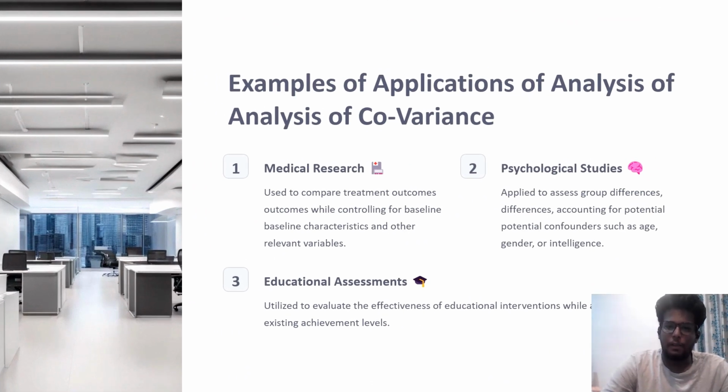Here are a few examples of where analysis of covariance is used in industries. First is medical research, used to compare treatment outcomes while controlling for baseline characteristics and other relevant variables. Second, in psychological studies, it is applied to assess group differences, accounting for potential confounders such as age, gender, or intelligence.